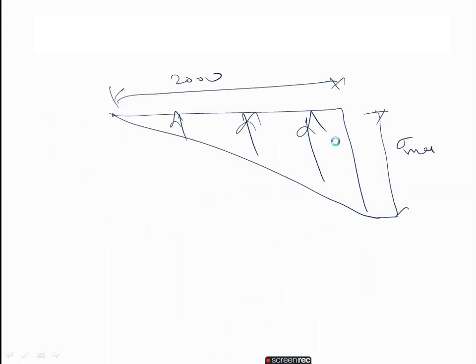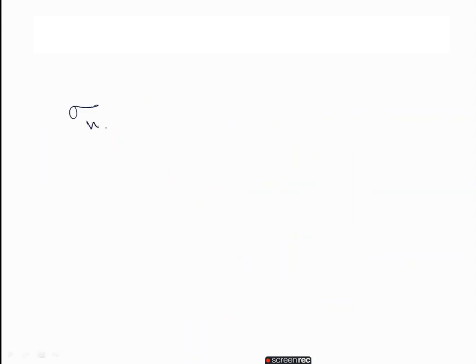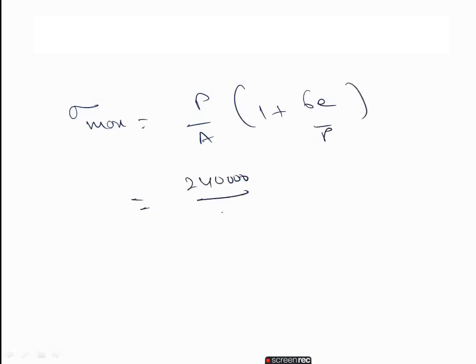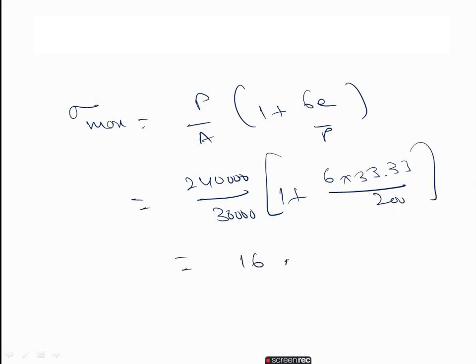Now the sigma max formula is P by A into 1 plus 6E by B. P is 240,000, area is 30,000, 1 plus 6E with E just calculated as 33.33, and B is 200. Once you calculate this, you will get 16 Newton per mm square.